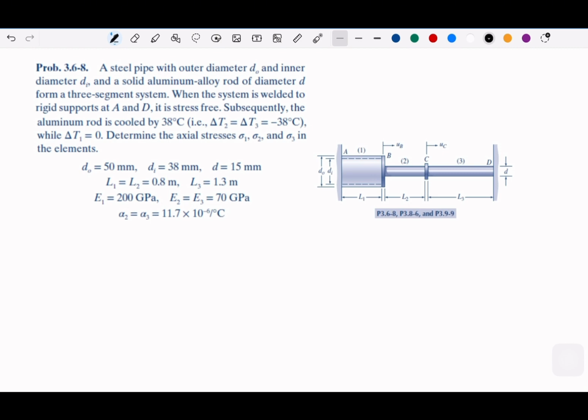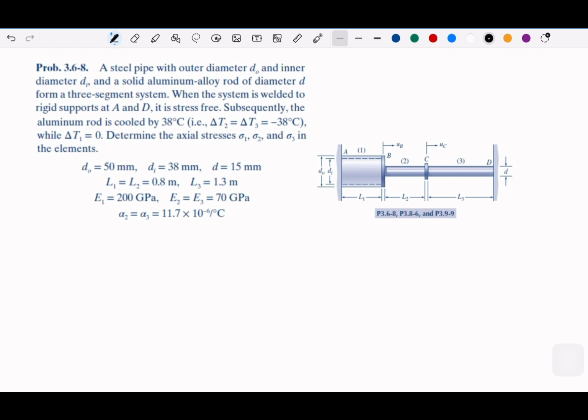Okay, and then we know the compatibility equations. But then the aluminum rod is cooled down by some degrees Celsius. So we know that delta T will be minus 38 degrees Celsius, only for the aluminum. For the steel, there is no change in temperature.